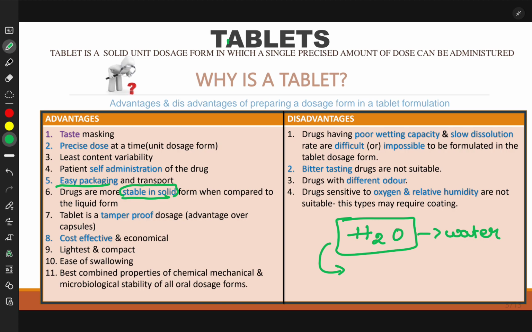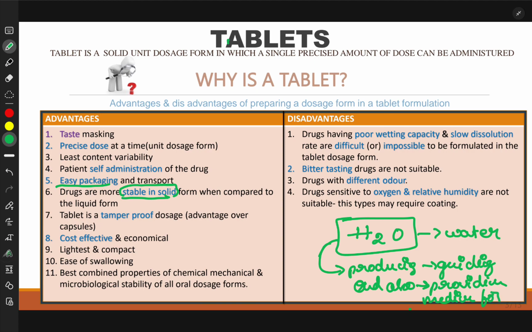As we know, life started in H2O since the beginning of the earth. So it has the capability of producing reactions and guiding the reactions, and also providing a medium for the reactions.